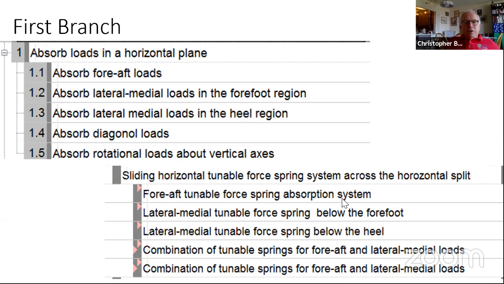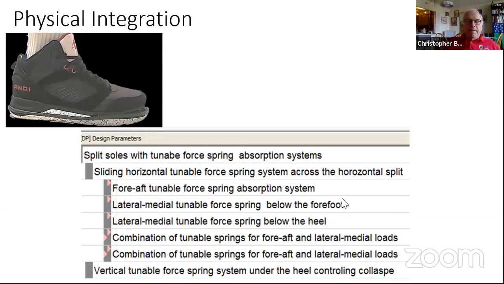Let's see. Here's some detail on that first branch that I was just talking about. And here's some detail on the design parameters. That insert is actually a picture of an earlier prototype, and that little layer there contains this. This is where the sole can slide, and that's where the springs are.